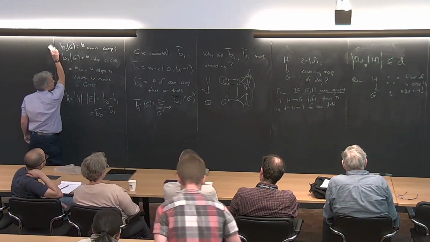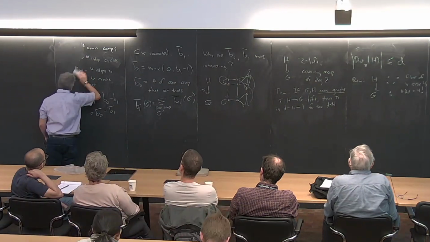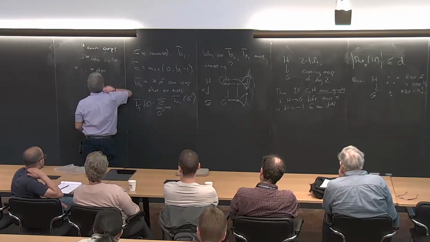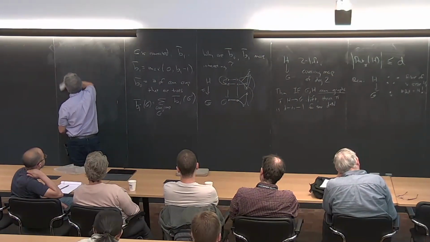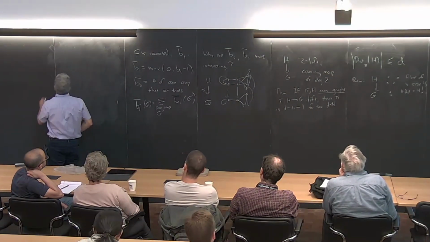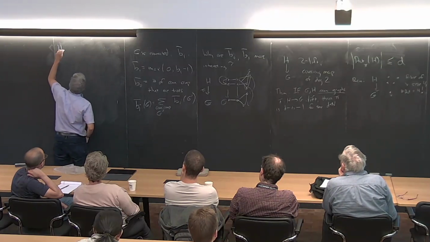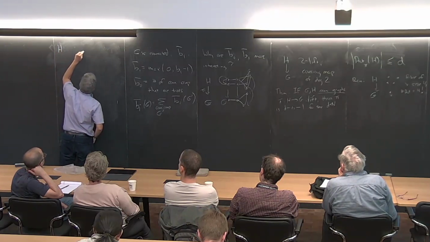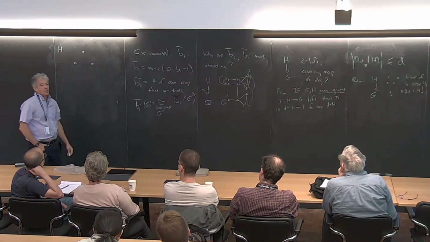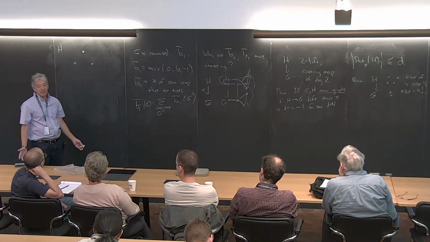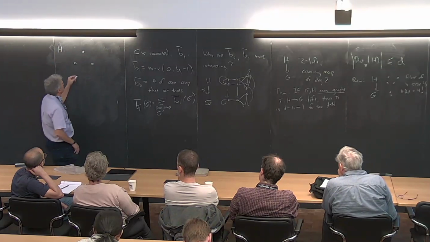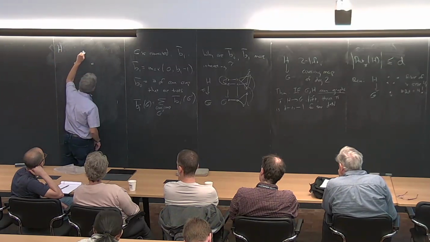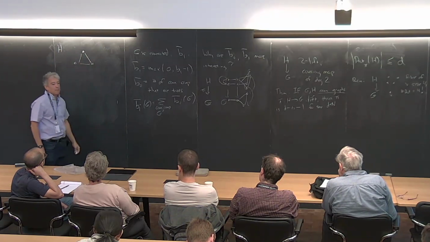So H, let's say, is a complete graph. What is the complete graph? If we have oriented graphs, let's just take this kind of complete graph.